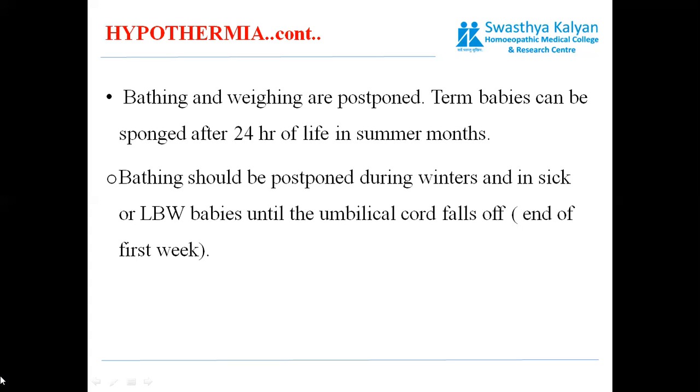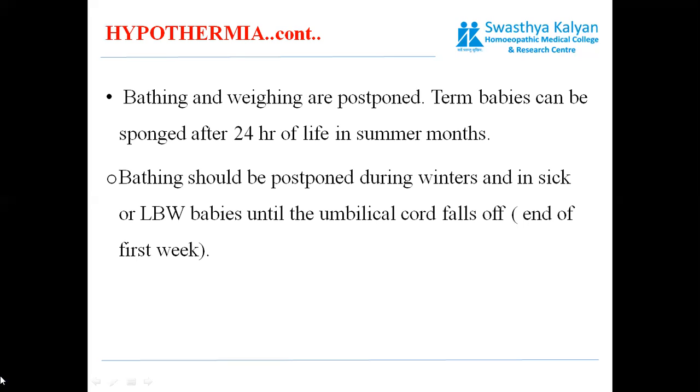Now, we have discussed this point, bathing postponed. In bathing postponed, what we have to do after the birth is postpone bathing and weighing of the baby, because when we record the weight of the baby, we record it in the nude position.